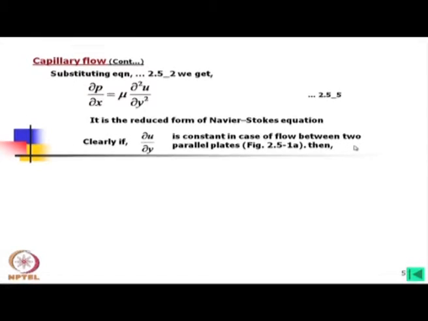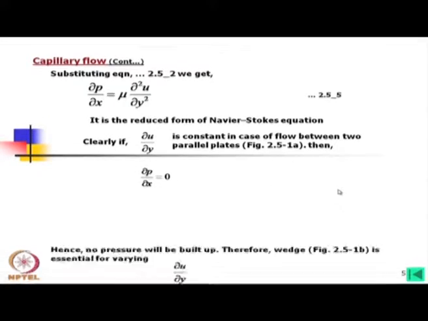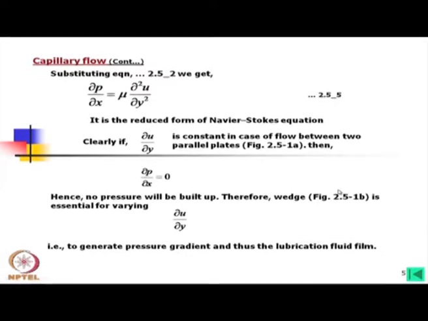Clearly, if del u by del y is constant, as in the case of flow between two parallel plates, then del p by del x will be 0, because the second derivative of u with respect to y will become 0. So, del p by del x is 0. This means that no pressure will be built up.